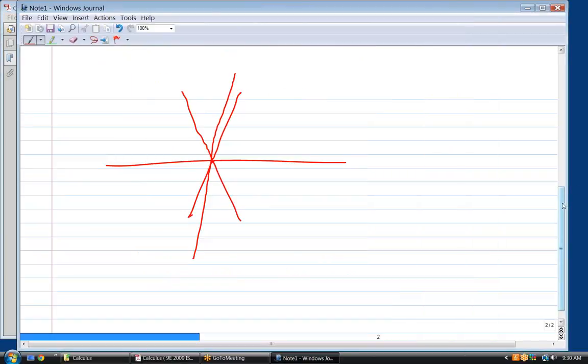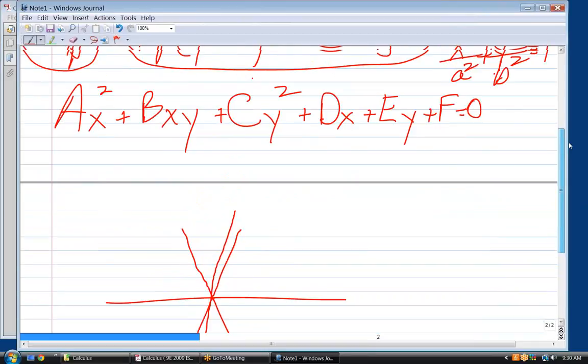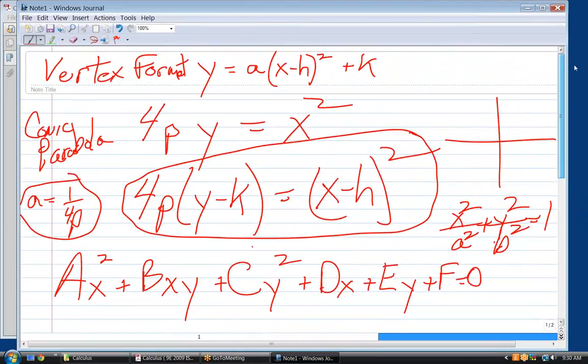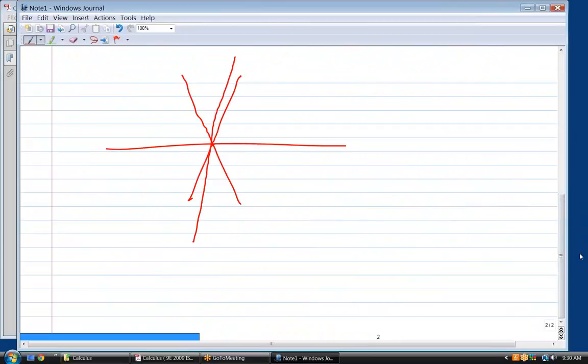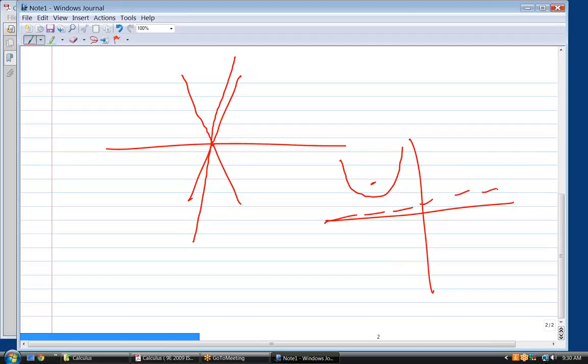And the way I just defined the parabola was a parabola is a collection of points that are equidistant from a focus and a directrix. No matter where you're at on the parabola, that distance is going to equal that distance.